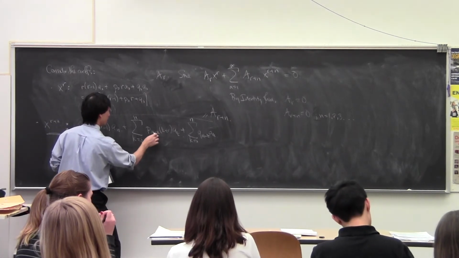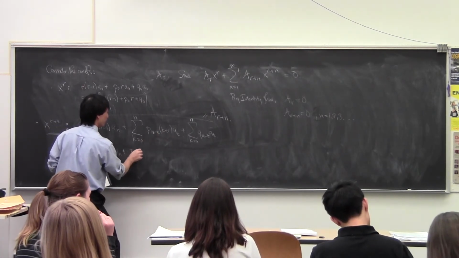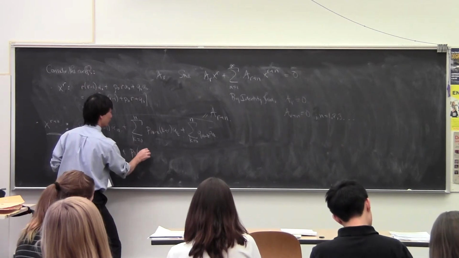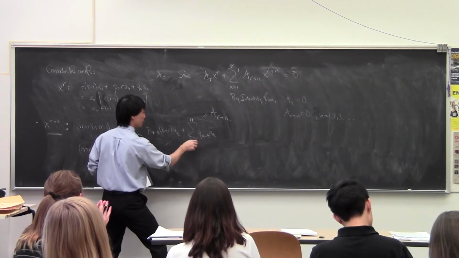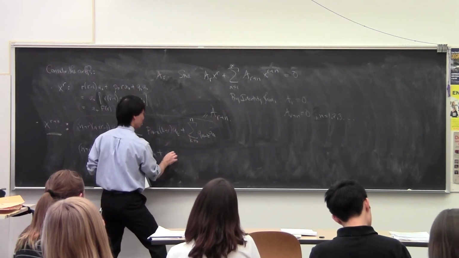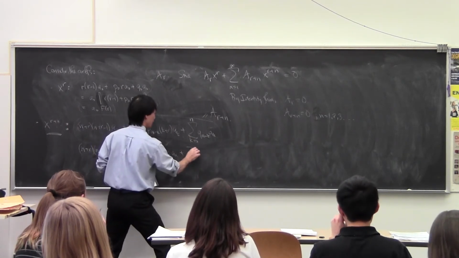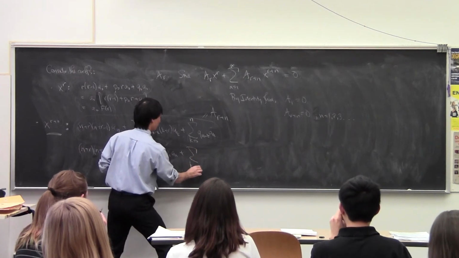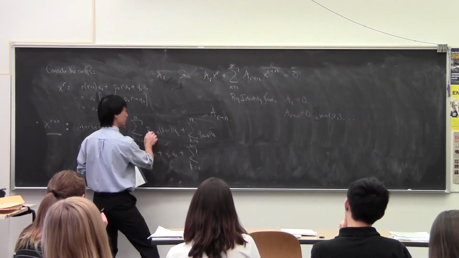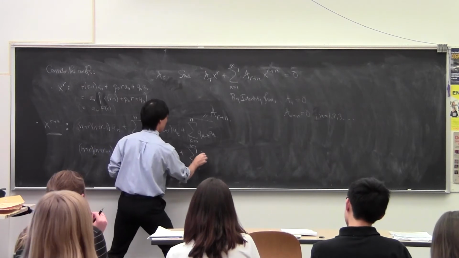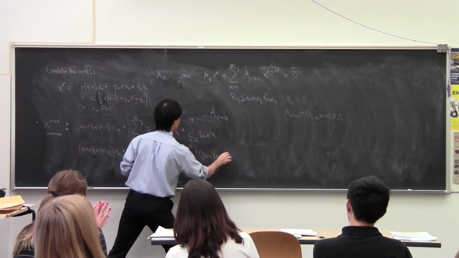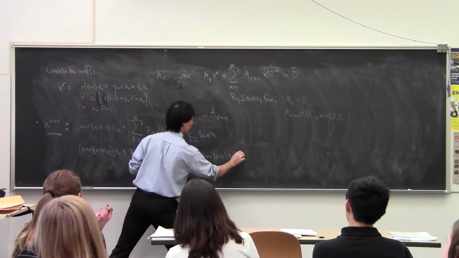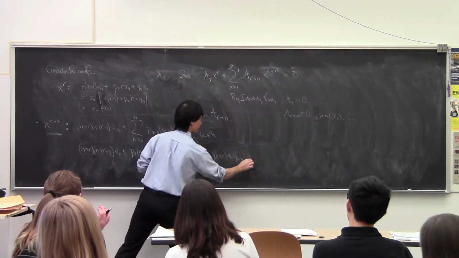So when k is equal to n, we get p naught times n plus r, a sub n. And we take the nth term off this guy, that's when k is equal to n, q naught a sub n. And then we have these guys, k from 0 to n minus 1. I'm going to combine them together. I get p sub n minus k times k plus r, plus q sub n minus k, a sub k.